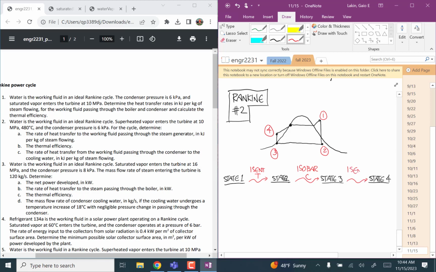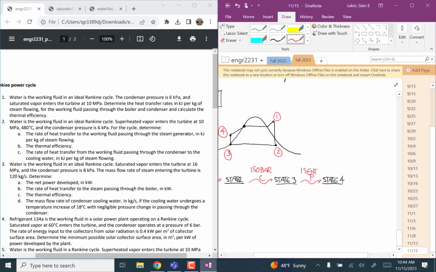Then an isentropic pump. And then from 4 to 1, we have an isobaric steam generator.